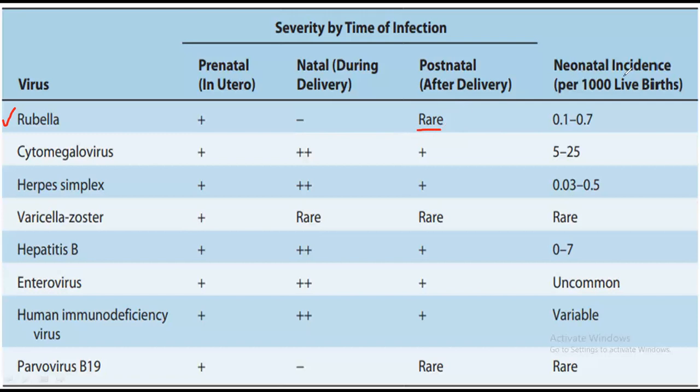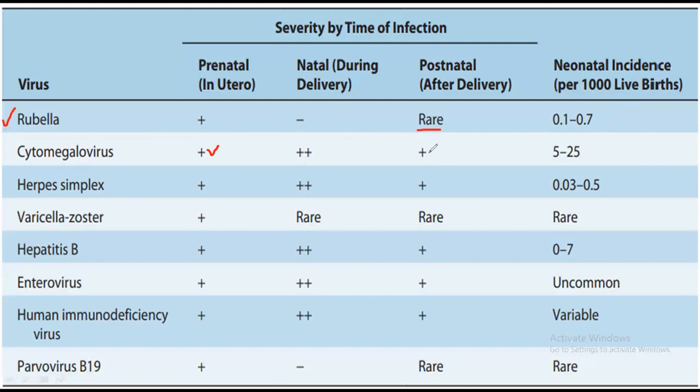And here is the neonatal incidence per 100 live births. It is a type of statistic that out of 1,000 babies, 0.1 to 0.7 percent of babies are infected through rubella. Just look here at the cytomegalovirus. It is a type of herpes virus, and it can infect the baby that is present in the womb, and there is a double chance that he or she can be infected at the time of delivery with the cytomegalovirus.